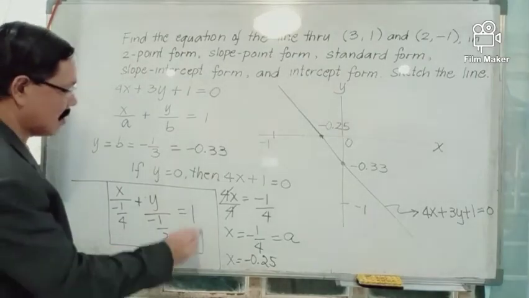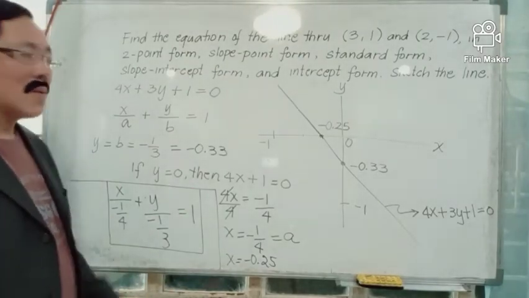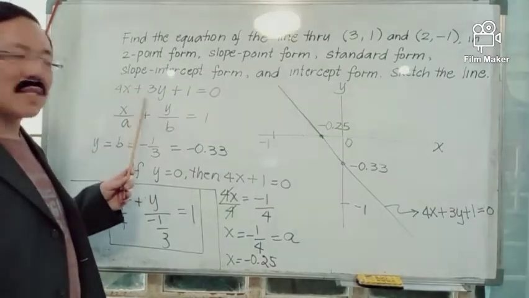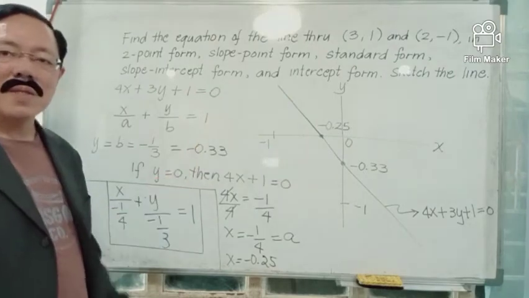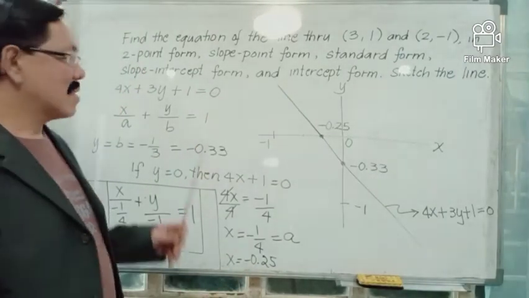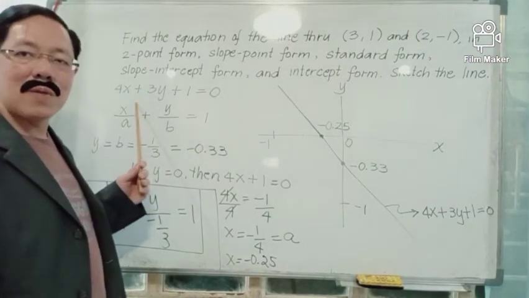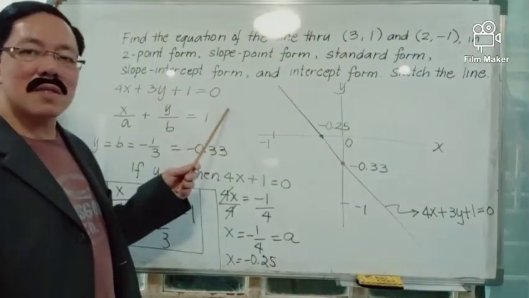This is the intercept form of the equation of the line, whose general form is 4x plus 3y plus 1 equals 0. Now we will sketch the graph of the line with equation in general form given by 4x plus 3y plus 1 equals 0.